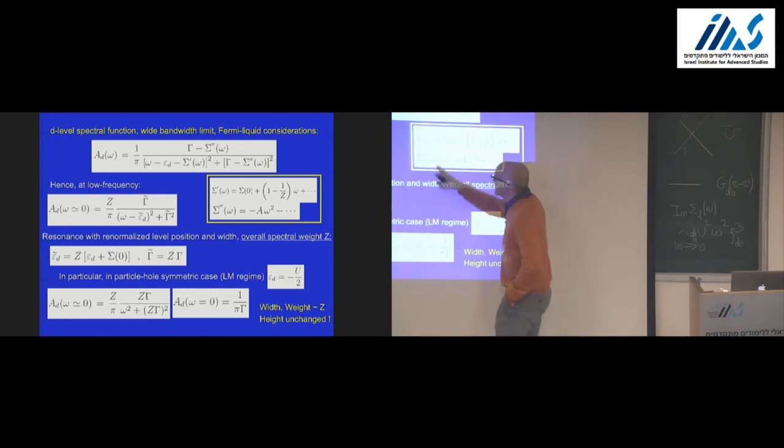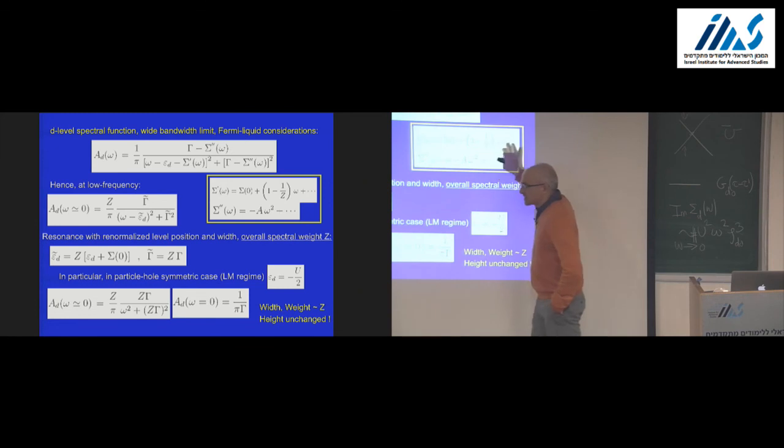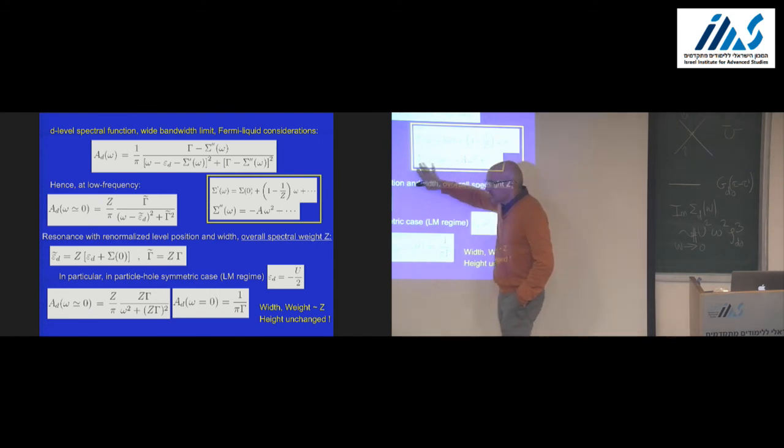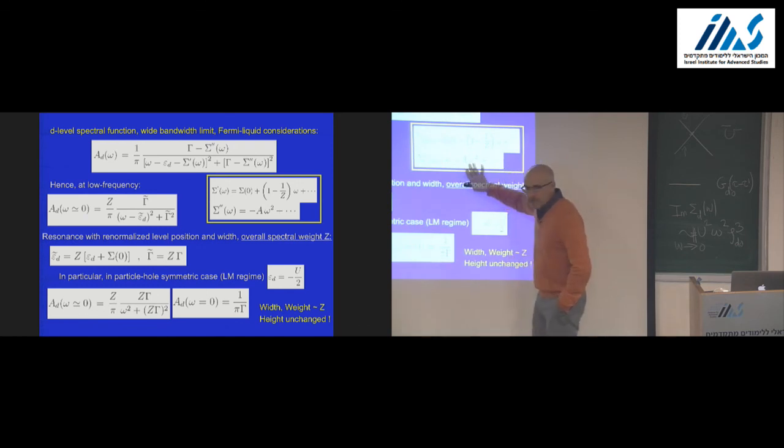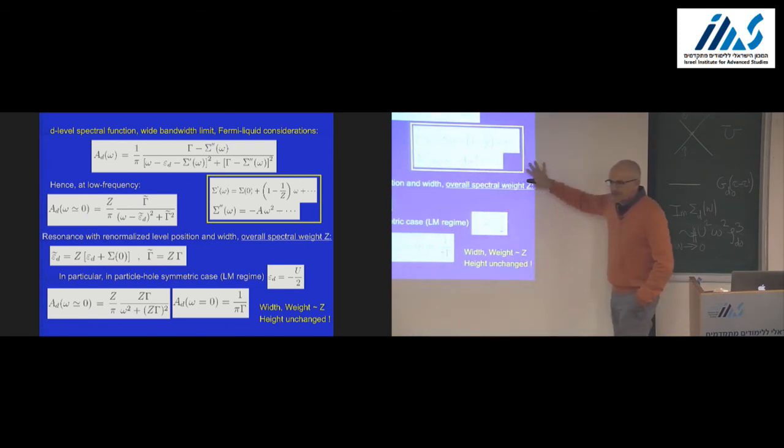Where physics is. So the real part of the self-energy has a regular expansion of the form constant plus linear term in omega. I've carefully called this term 1 minus 1 over z, you'll see why in a minute, plus so on, while the imaginary part has the characteristic form of a local Fermi liquid, and it starts like omega squared plus dot, dot, dot.